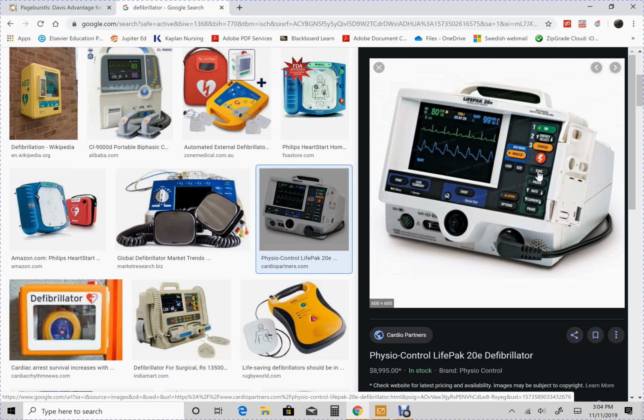So again, if the sync button is off, this will function as a regular defibrillator. However, if this is used as an electrical cardioverter, the doctor or the nurse will make sure that the sync button is pressed, and then the machine becomes a cardioverter. Unlike a defibrillator, wherein the electric shock is delivered randomly, when the sync button is pressed, the electric shock will only be delivered at the peak of an R wave right here.